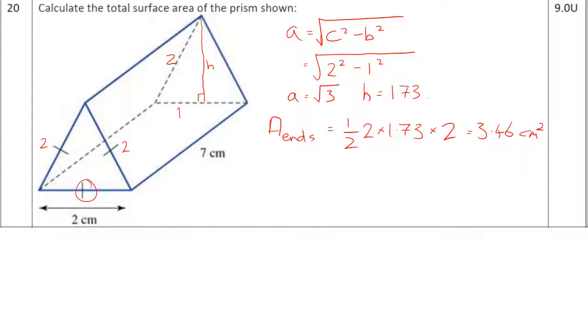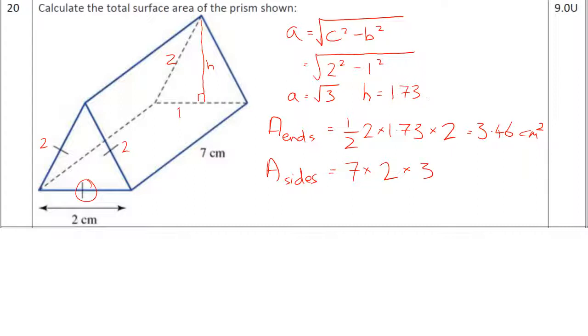So the area of the sides, now this is relatively easy, and I think I gave sort of half marks if people got some of this bit right. We've just got to recognize that they're rectangles, so that's just 7 times 2. But we've got 3 sides because it's a triangular prism.